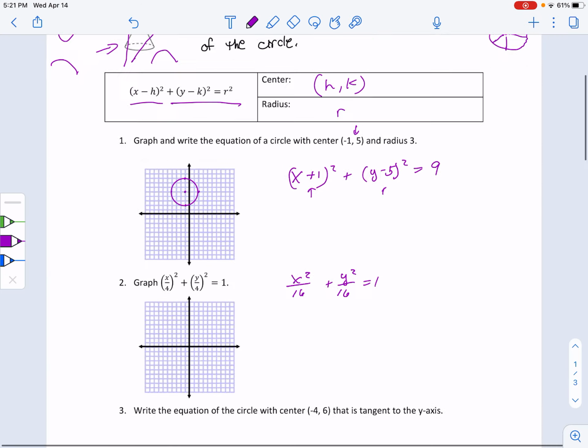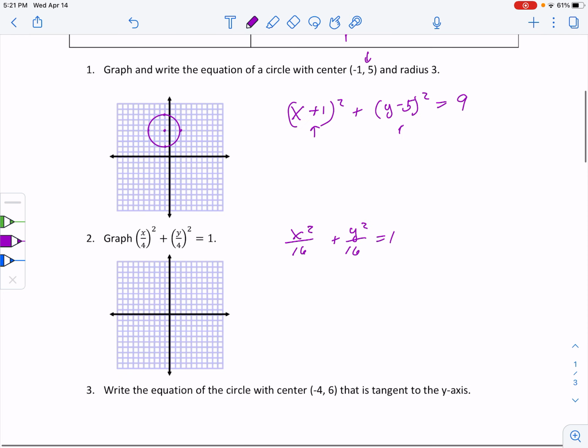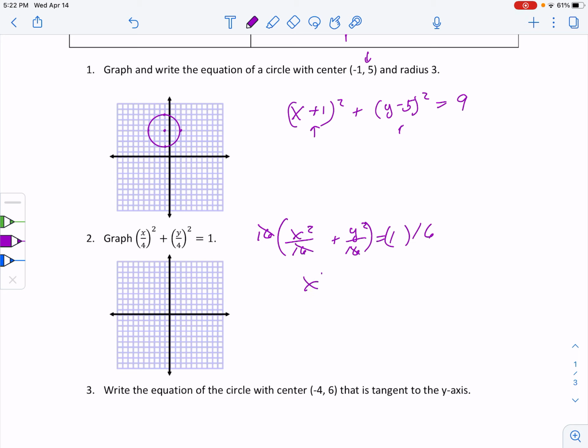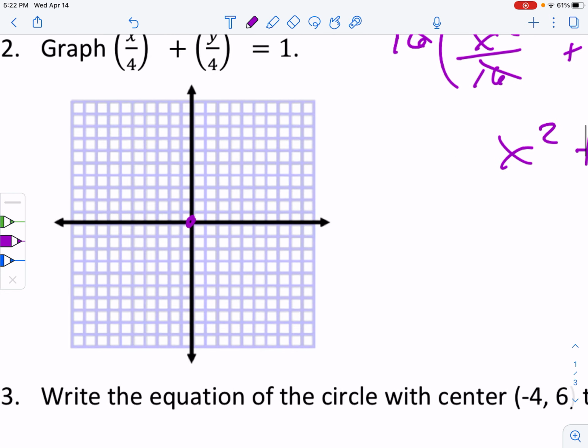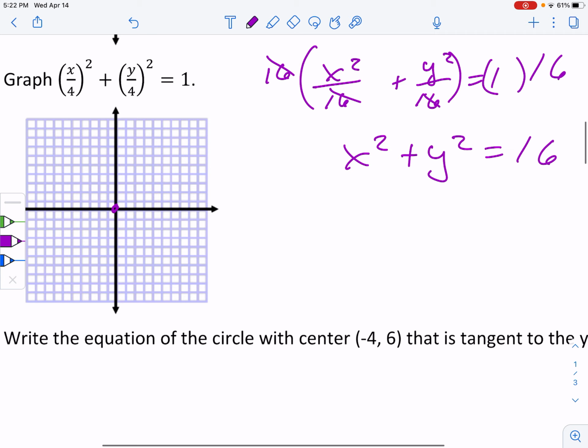You'll notice on the equation there's nothing in the denominator, so I'm going to multiply both sides by 16. These go away and you get x squared plus y squared equals 16. So my center's at 0, 0. My radius is the square root of 16, 1, 2, 3, 4.